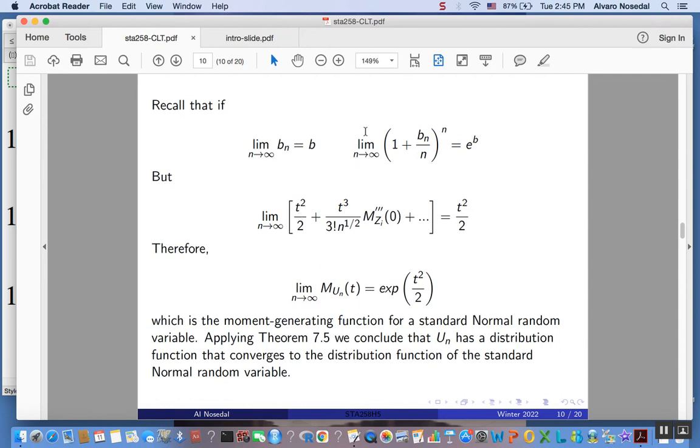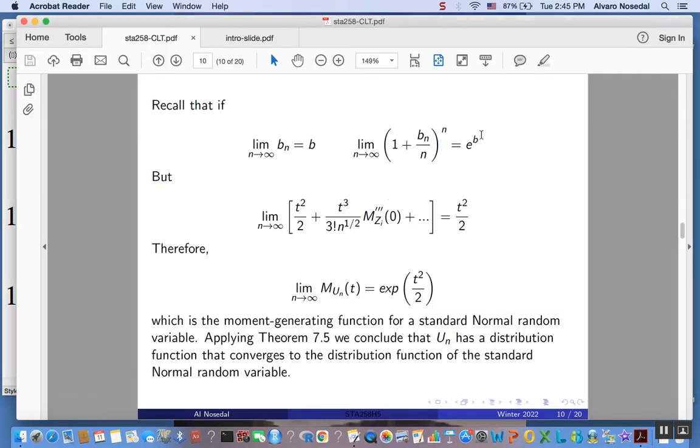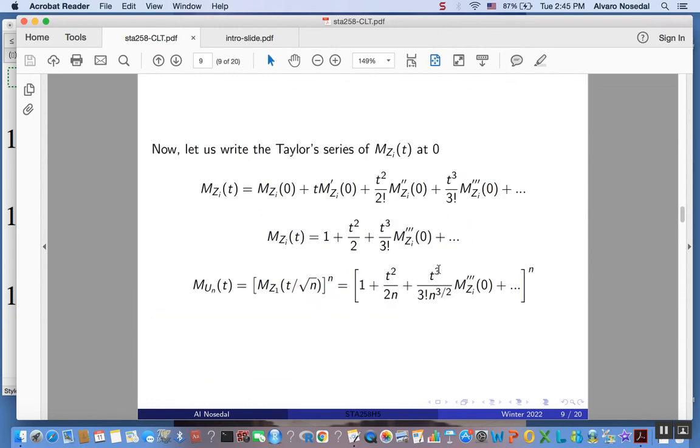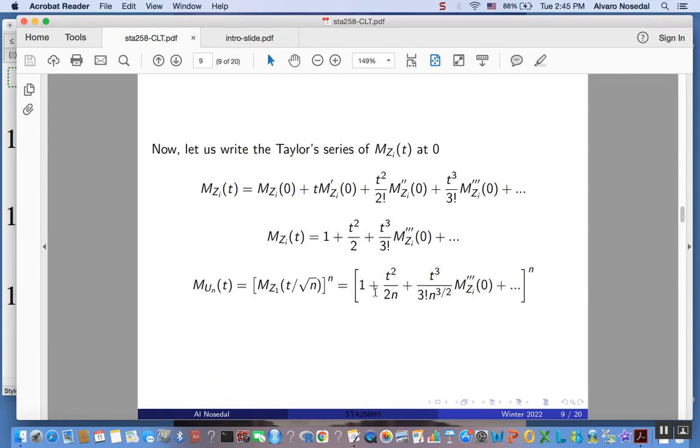So what we have is something that looks like this, right? The limit as n goes to infinity of 1 plus Bn over n to the n power, right? We are going to be raising this whole thing to the n power, because remember what we have here is this, right? This is just the MGF of one of them, the MGF of one of the Zi's, is this guy here, right?